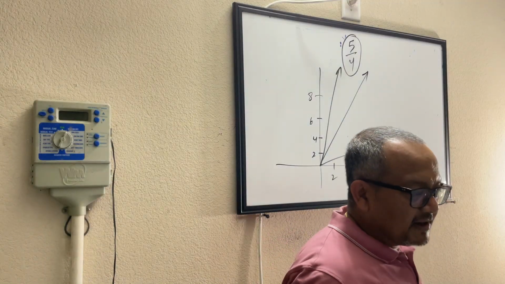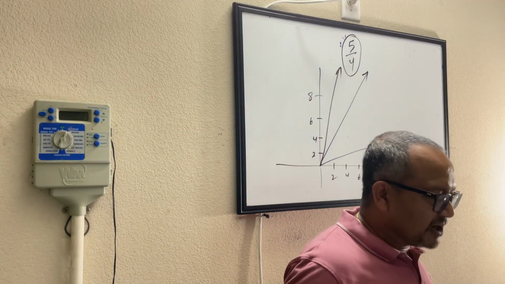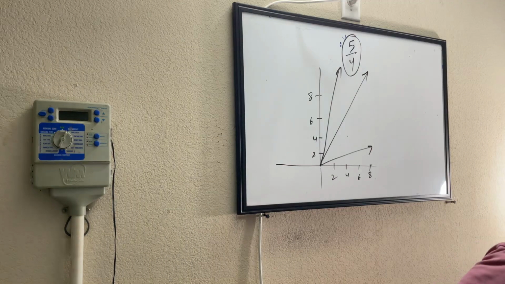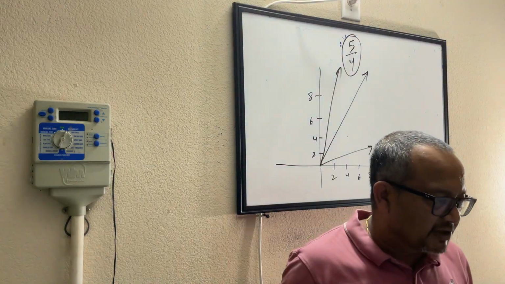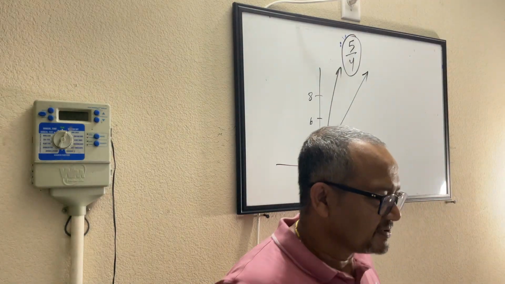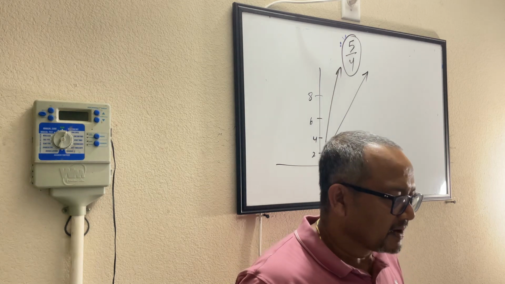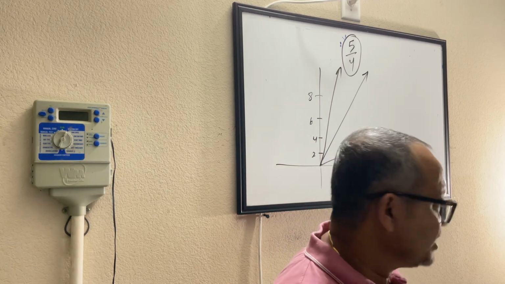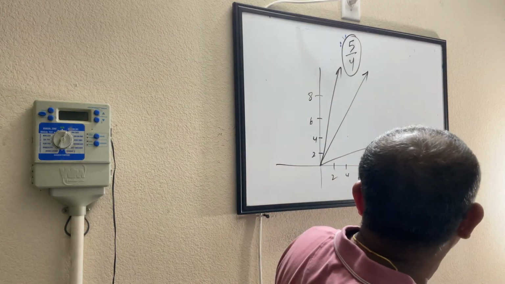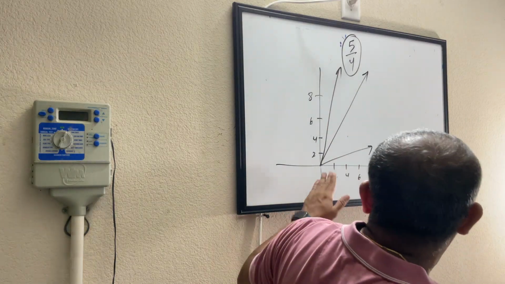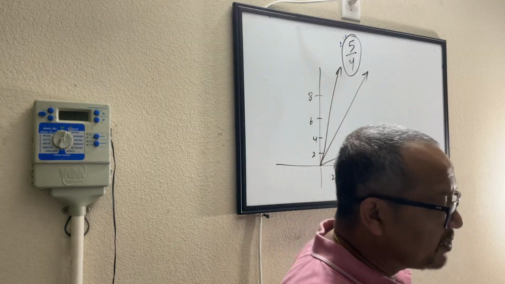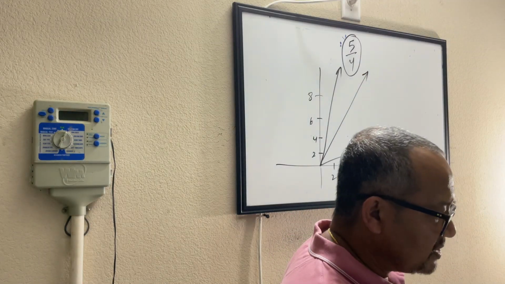Now let's see how you can make a guess. Gitesh, are you with me, or is something bothering you? Are you able to follow me so far? Okay, good. We have 3 options and have been asked to find which has a constant of proportionality of 5/4.